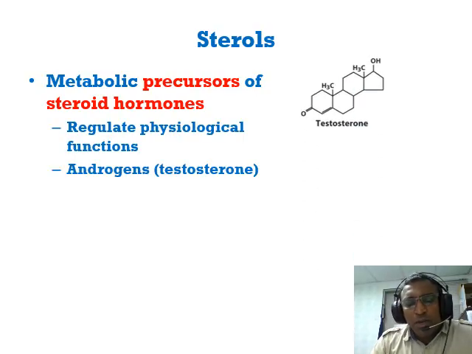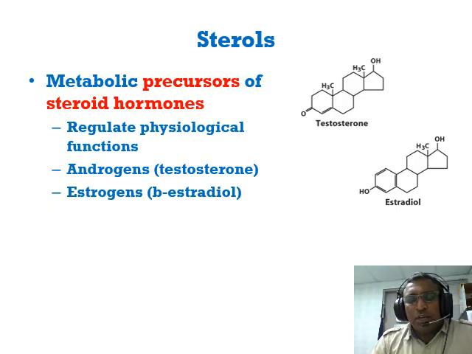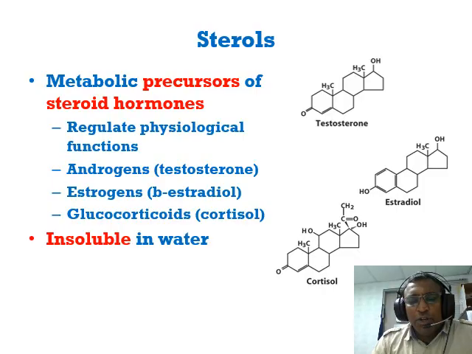For instance, the male hormone, testosterone, grouped as androgen. Then you have estrogen, grouped under it is estradiol. Then you have glucocorticoid or cortisol involved in monitoring or regulating carbohydrate in the body.